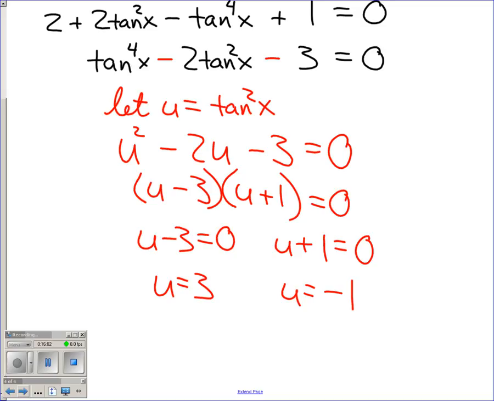Once we've solved for u, our variable that we substituted, let's undo that substitution and say tangent squared x equals 3, or tangent squared x equals -1.